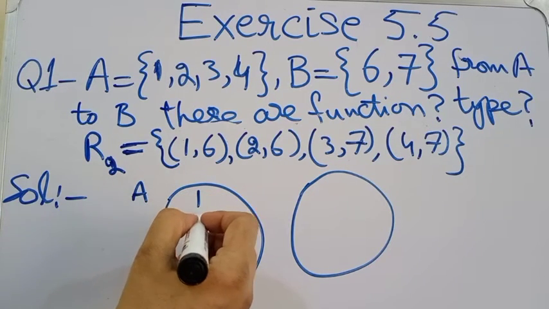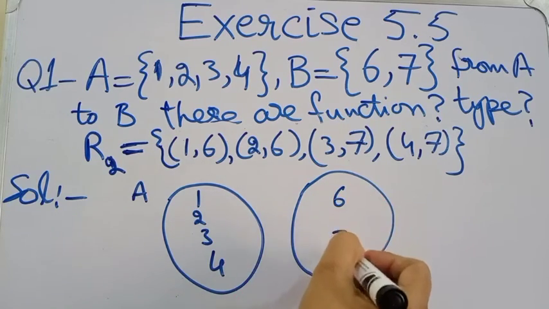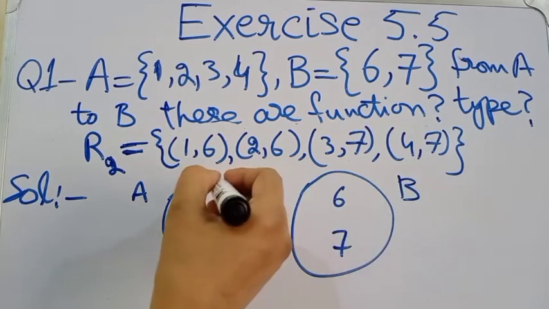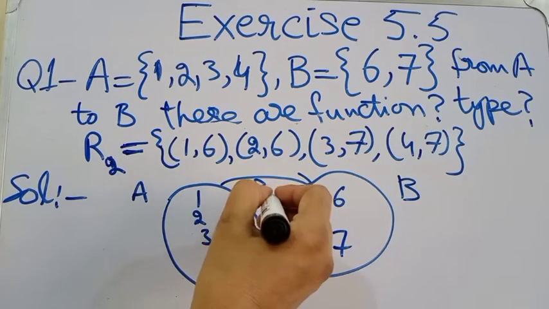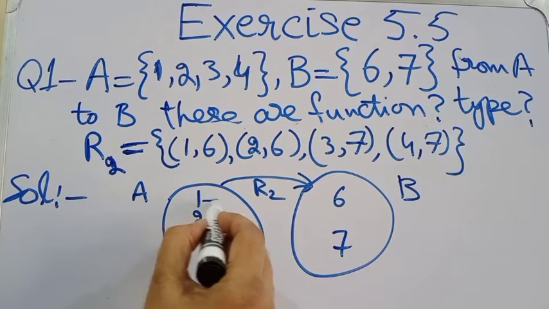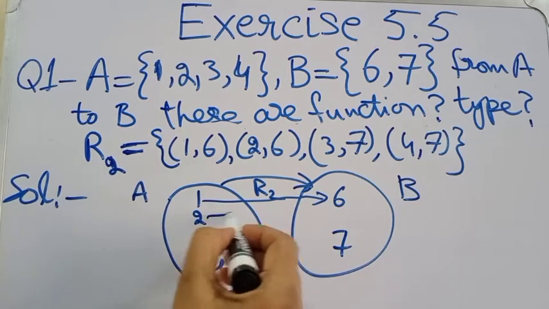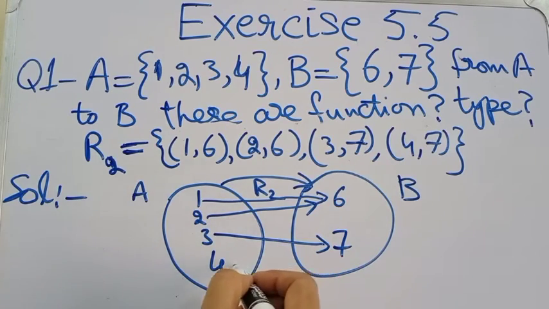Set A has 1, 2, 3, 4. Set B has 6, 7. And R2 is a relation from A to B: (1, 6), (2, 6), (3, 7), and (4, 7).